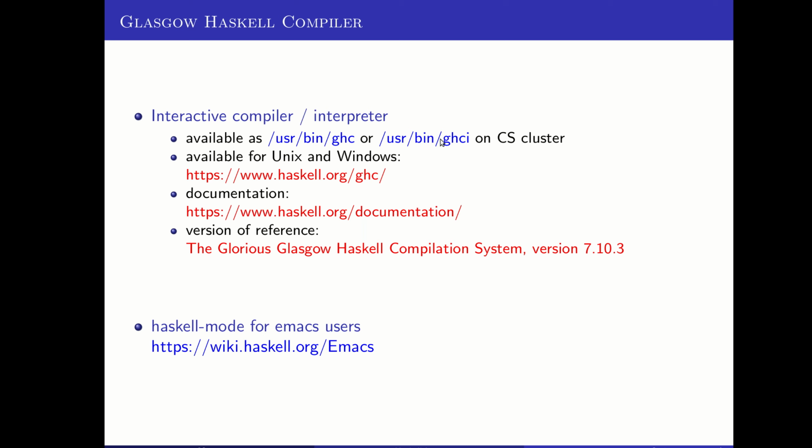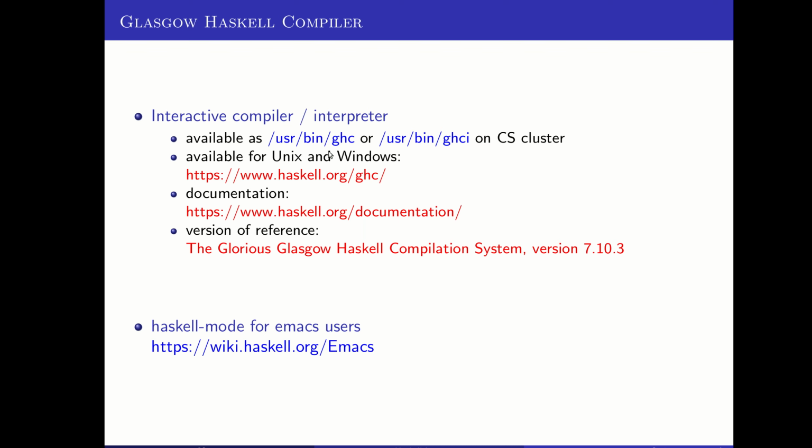It's available on Agate and other CS cluster machines under /usr/bin/ghc for the regular compiler, or /usr/bin/ghci for the interactive interpreter. So you're able to just compile your programs to a compiled version that you can run at command line with GHC, or you're able to get an interactive compiler that you can type a line, see the result, try another line, etc., using GHCi.